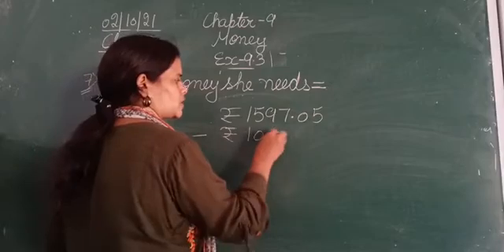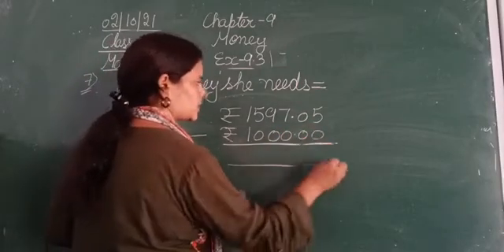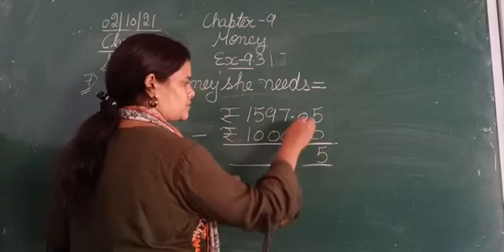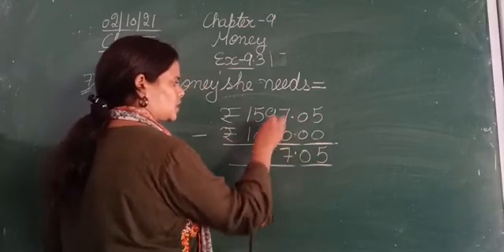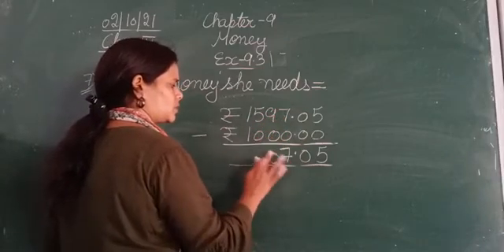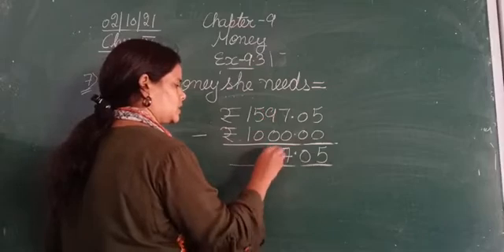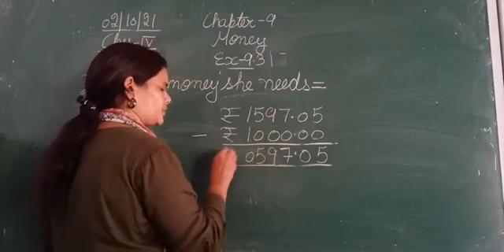Now subtract it and you will get the answer. 5 minus 0, 5. 0 minus 0, 0. 7 minus 0, 7. 9 minus 0 is 9. 5 minus 0, 5, and 1 minus 1 is 0.